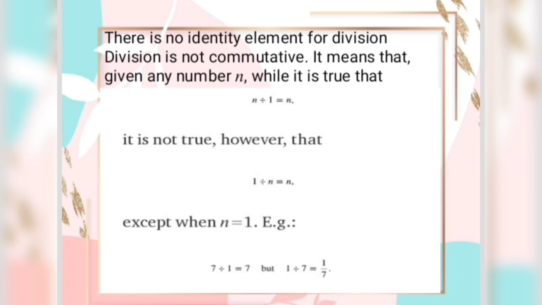For example, 7 divided by 1 equals 7, but 1 divided by 7 equals 1/7. Therefore, the double condition that makes 1 the identity element for multiplication is missing for division.